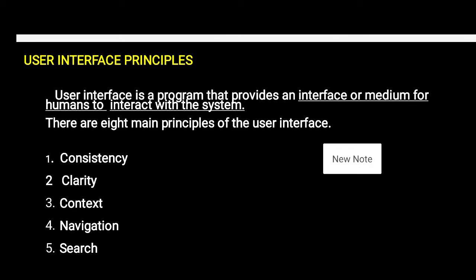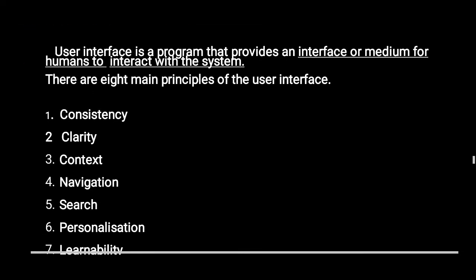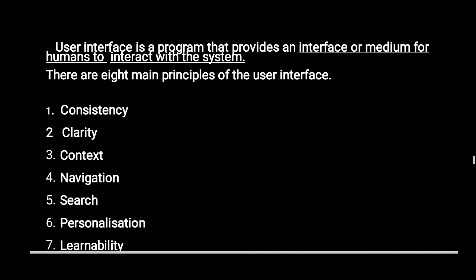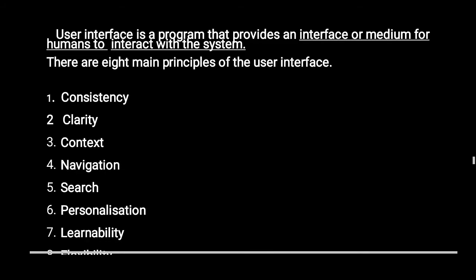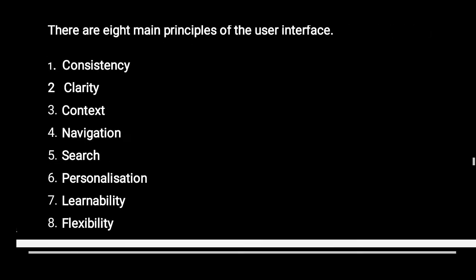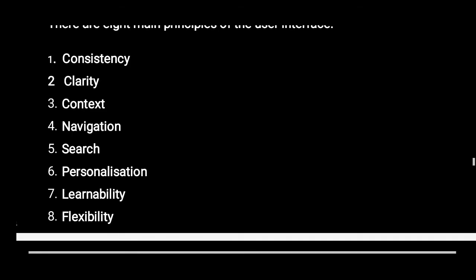First one is the consistency, second one is the clarity, third one is the context, fourth one is the navigation, fifth one is the search, sixth one is the personalization, seventh one is the learnability, and eighth one is the flexibility.